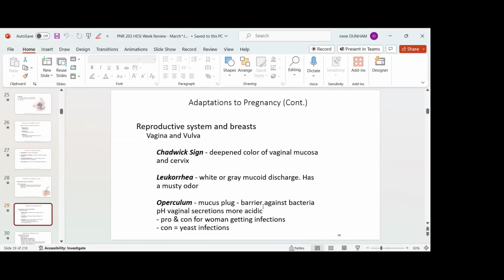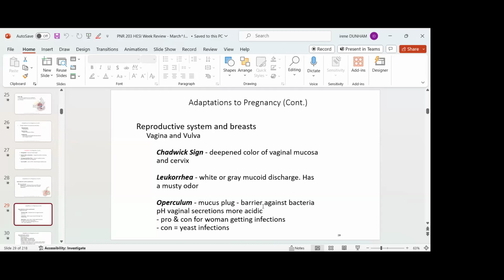And the mucus plug has a significant role. It's a barrier that keeps the bacteria from ascending. Now, remember, in a woman, when bacteria goes into the vagina, it goes up. We call it ascending.